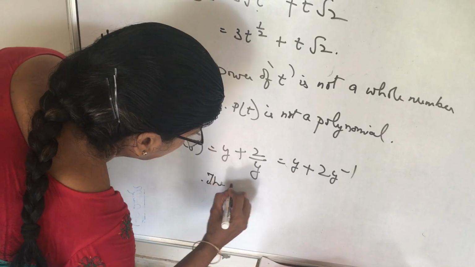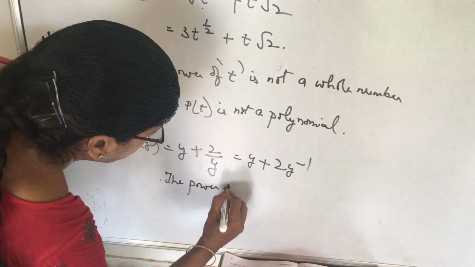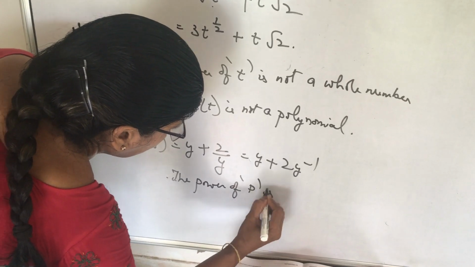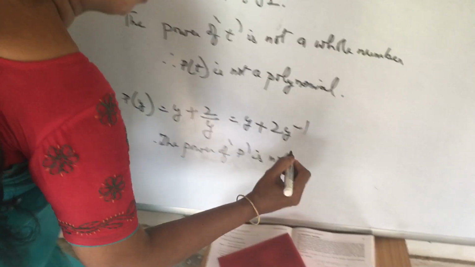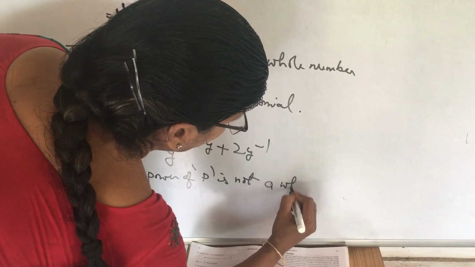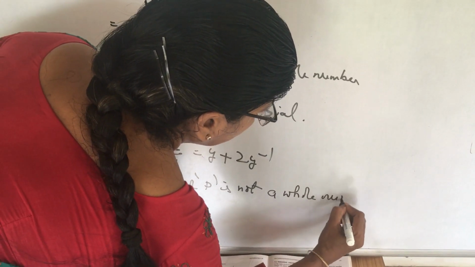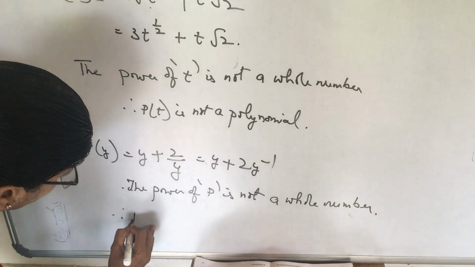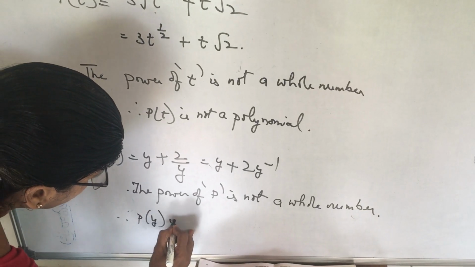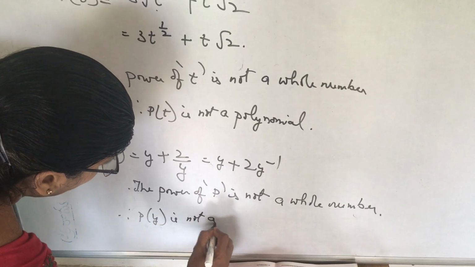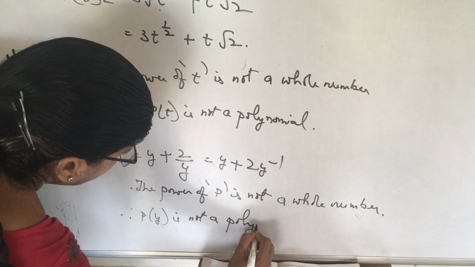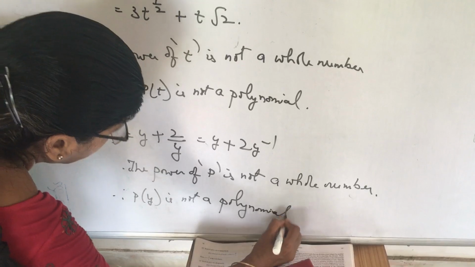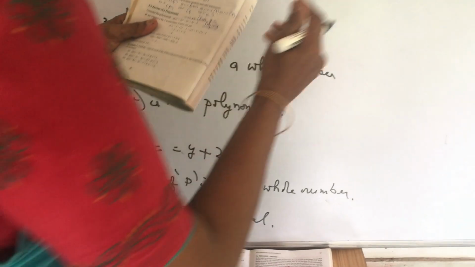The power of y is not a whole number. Therefore, p of y is not a polynomial.